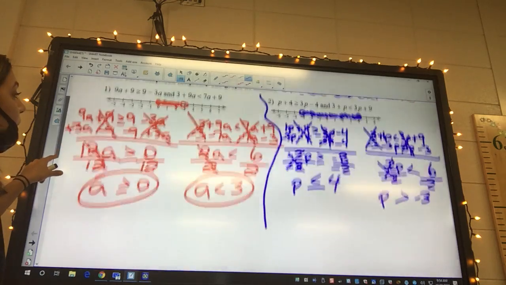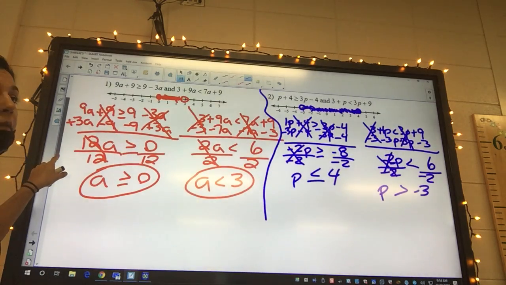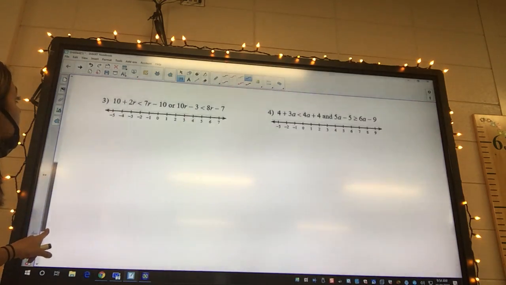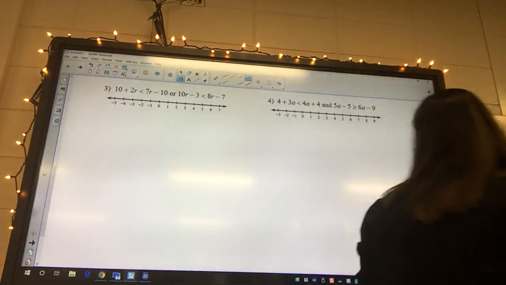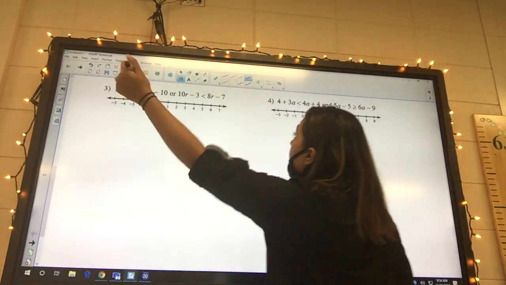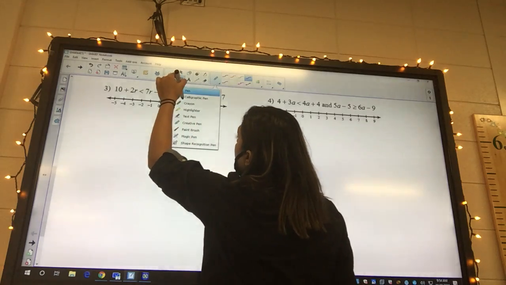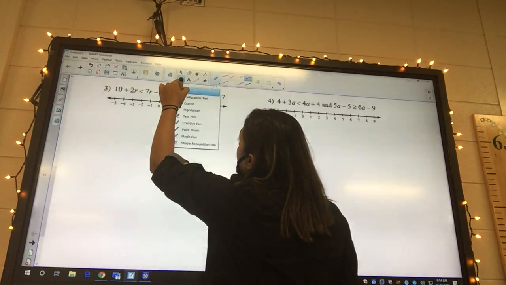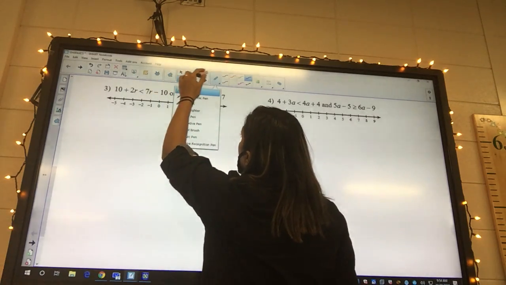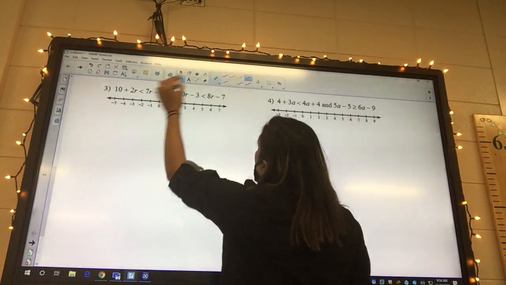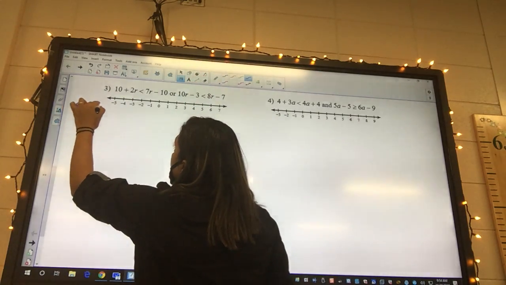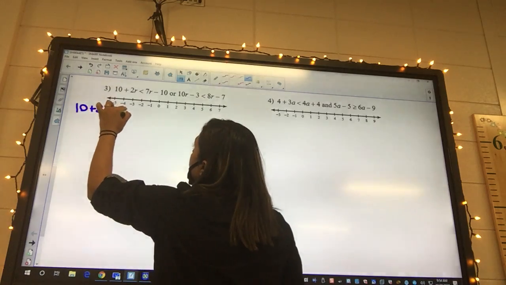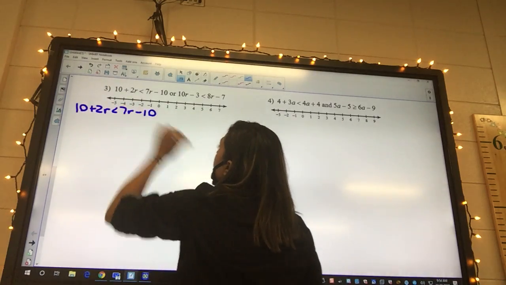Okay, let's look at 3. So my first thing, I can go and write them both down. So I can say 10 plus 2r is less than 7r minus 10.